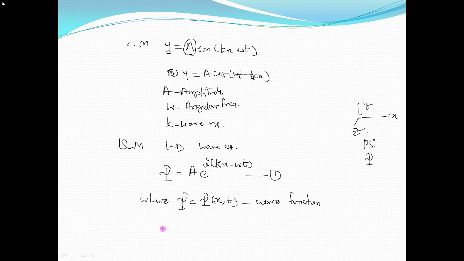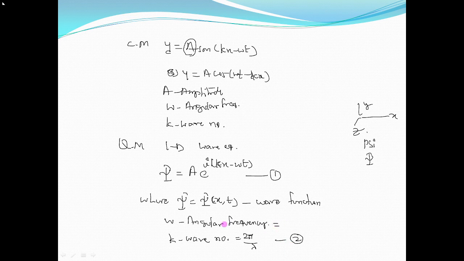Now here omega represents angular frequency. K represents wave number, which is given as 2 pi by lambda.